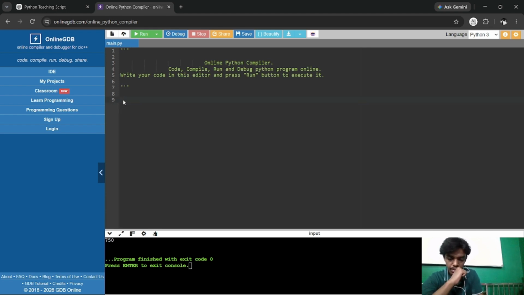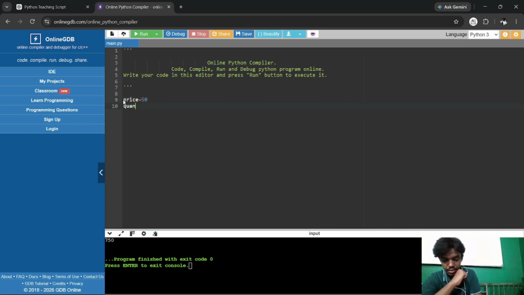Let's take another example. Price equals 50, quantity equals 6, right? Then we'll print, let's say, the total amount we have. So price multiplied by quantity.